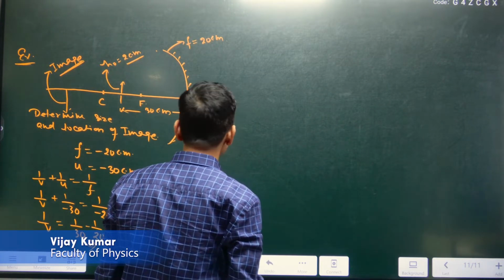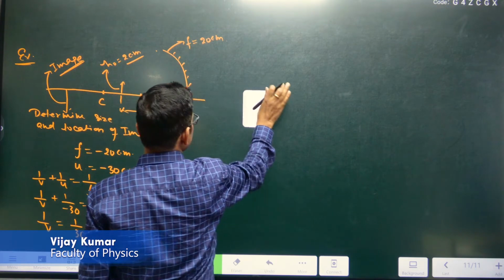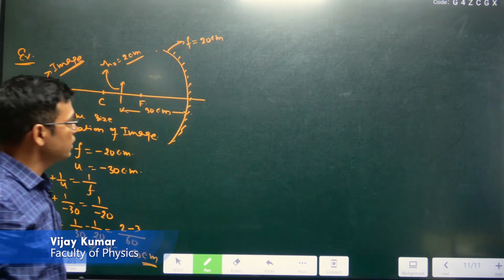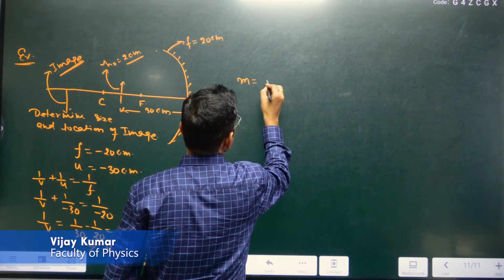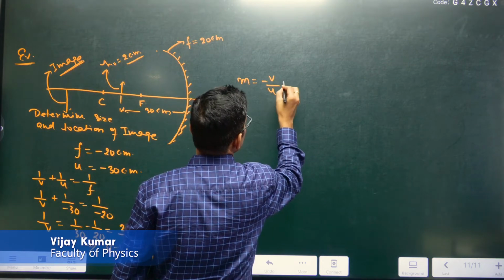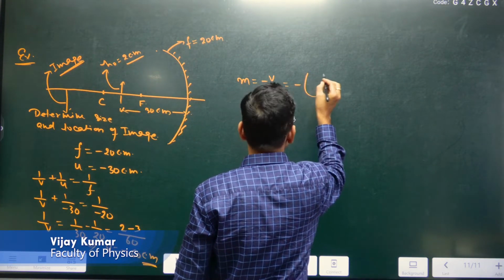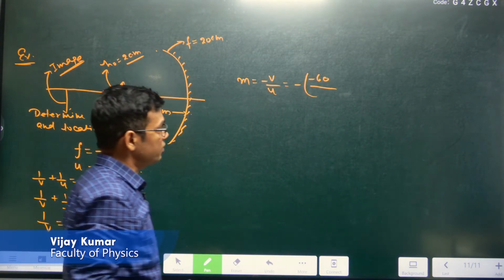Now what is the size of the image? We have already got v is equal to minus 60, so we can determine the magnification. Magnification m is equal to minus v by u, which is minus of minus 60 divided by minus 30.